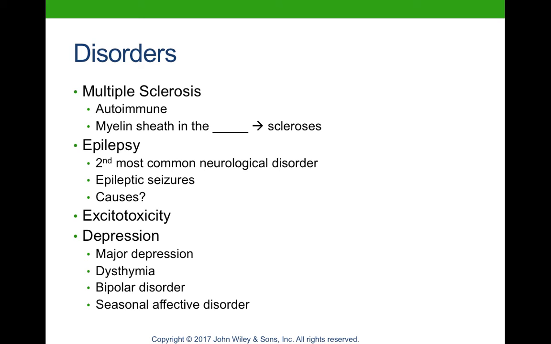These seizures are often initiated by abnormal synchronous electrical discharges from millions of neurons in the brain, perhaps resulting from abnormal reverberating circuits. There are many causes of epilepsy, but the most common cause is brain damage at birth.